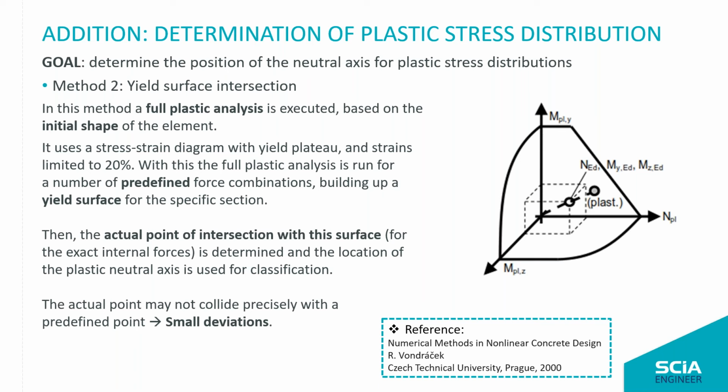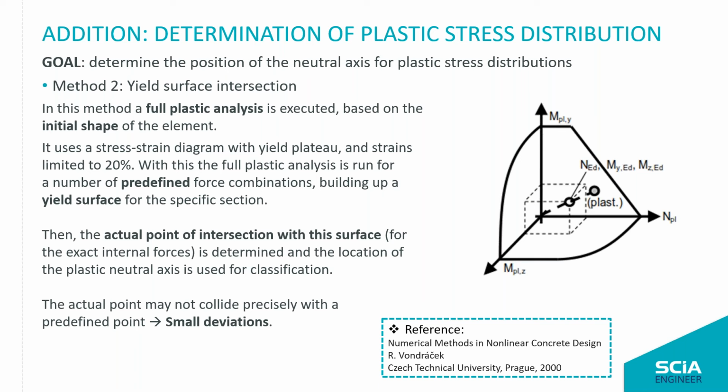And after calculating all these points, we can kind of form this yield surface. Then we will take our actual combination of forces and we will extend the line until it intersects with this cloud of points. And the point of intersection will give us a location of the plastic neutral axis for this section.